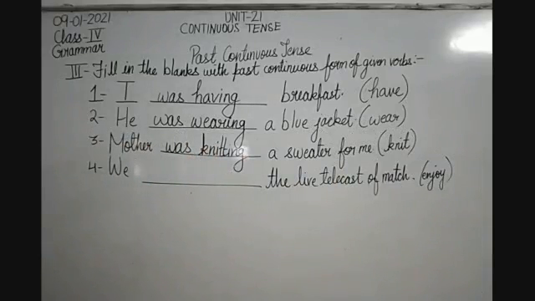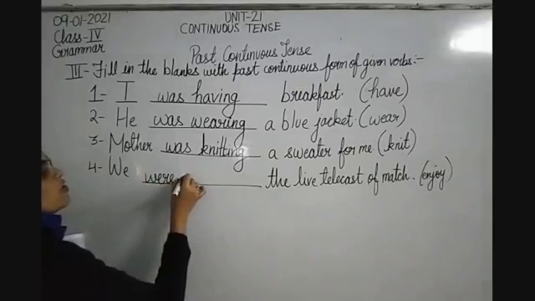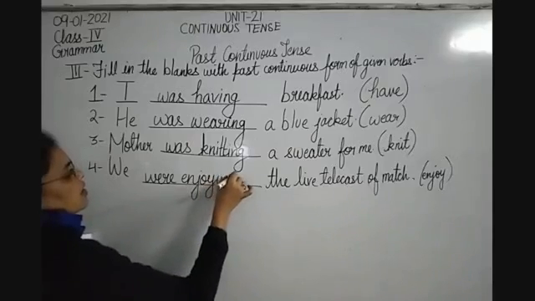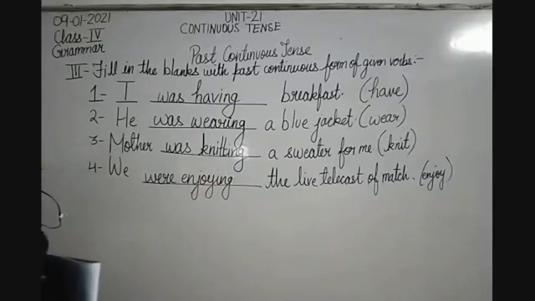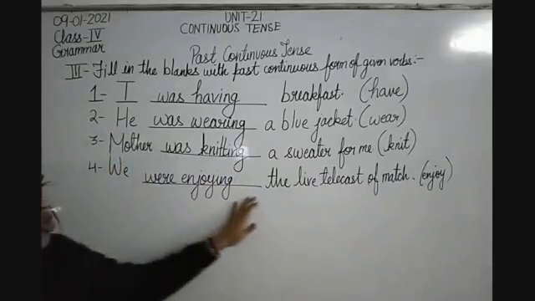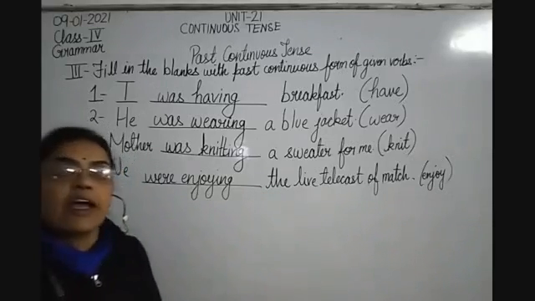Enjoying. We plural pronoun है, so उसके साथ हम क्या use करेंगे? were. We were enjoying the live telecast of match. We were enjoying the live telecast of match. Fine.